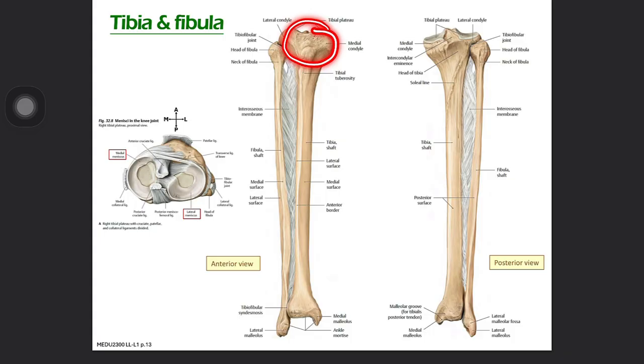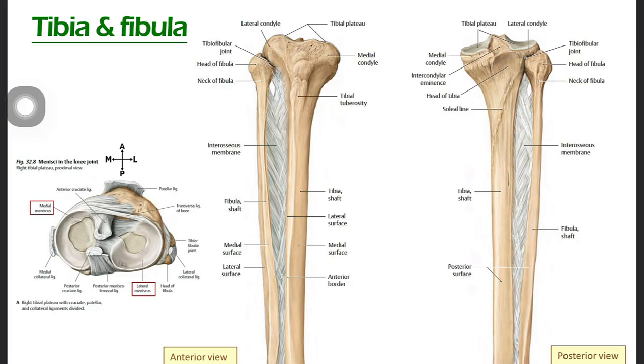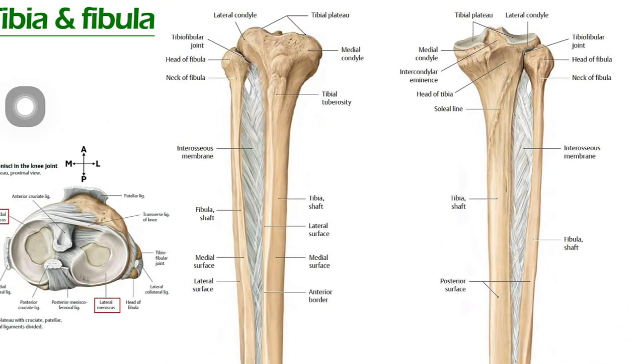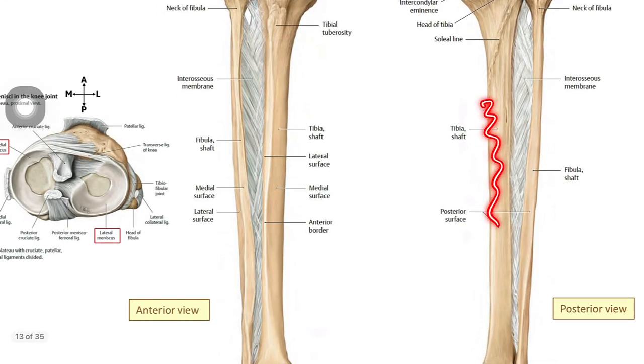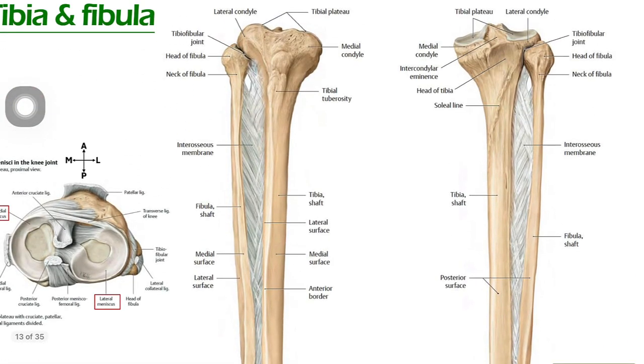Always the tibia forms the medial malleolus. If you are given the tibia showing like this, you will see the sharp edge here. If you are given the tibia showing at the back, what will you see? Here you will see two condyles at the proximal end, right? And you cannot see any sharp edges. Just try it.